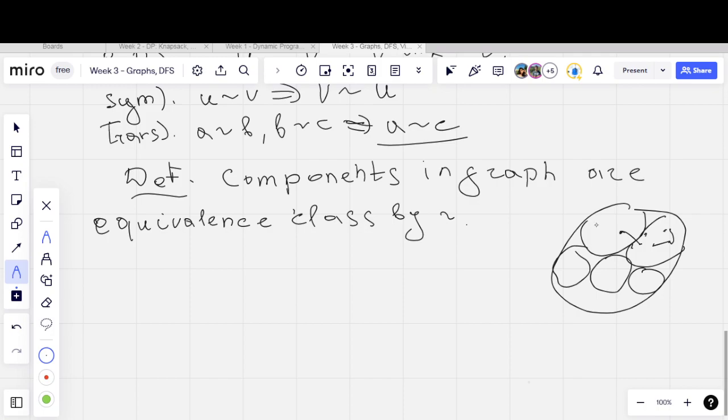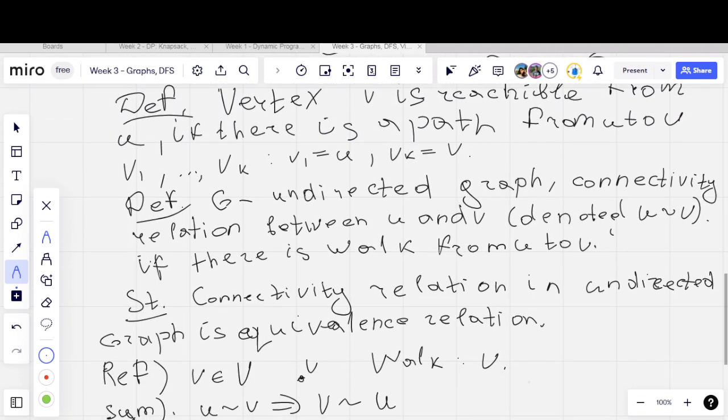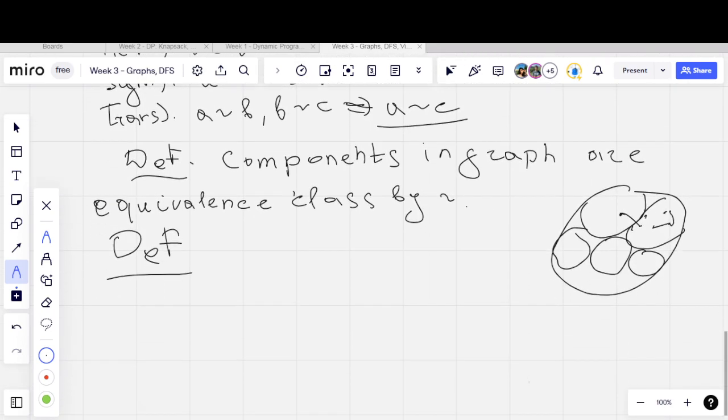In these components we will have maximum size, maximum vertices, which means every component will contain the maximum number of vertices. Okay, yeah, I think I explained what this means. That's the definition. We consider undirected graphs, and let's consider directed graphs, oriented graphs.